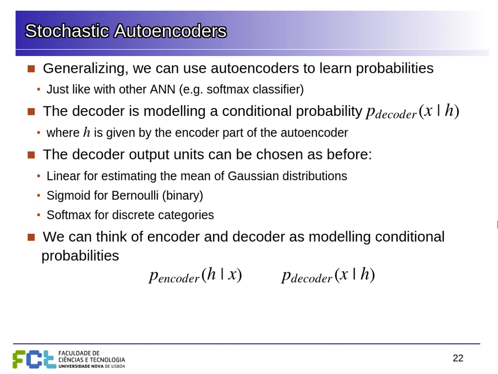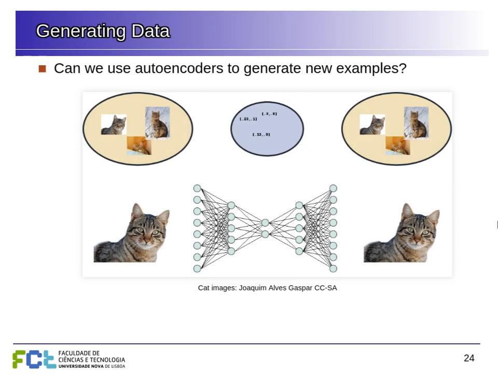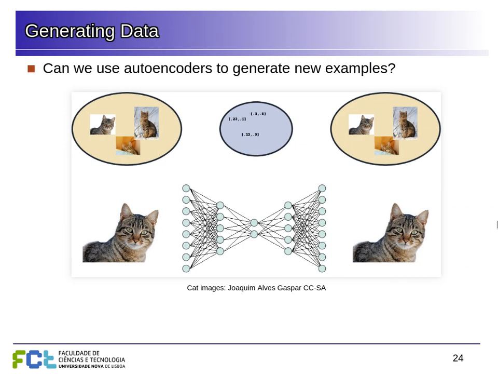So one question that we can think about here is whether we can use this to generate data, because now we have this mapping. The encoder will map from the space of the images into that latent representation, and then the decoder will map from the hidden representation out again to the space of the image.